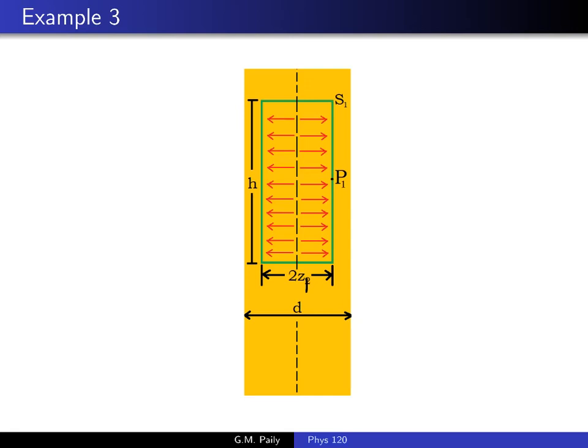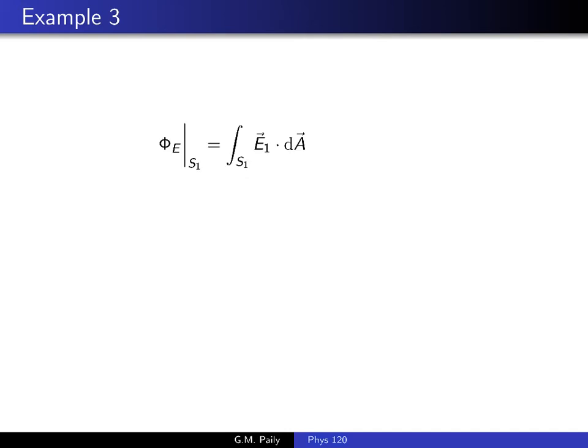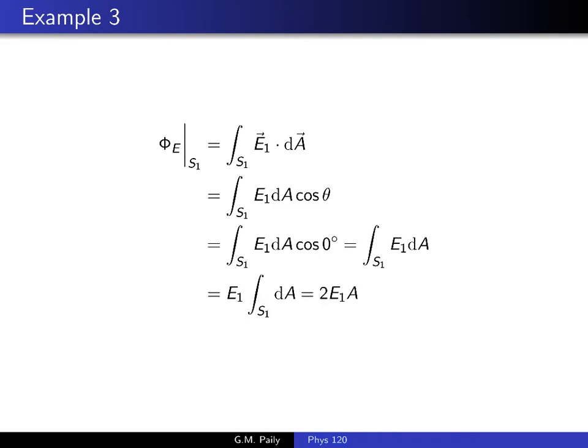Once again, we note that the direction of the field is the same as the direction of the area vectors on those faces. And so the angle between them is 0. We set up our integral, expand the dot product, plug in for the angle, and once again use symmetry to argue that E1 is constant along the Gaussian surface and pull it outside.